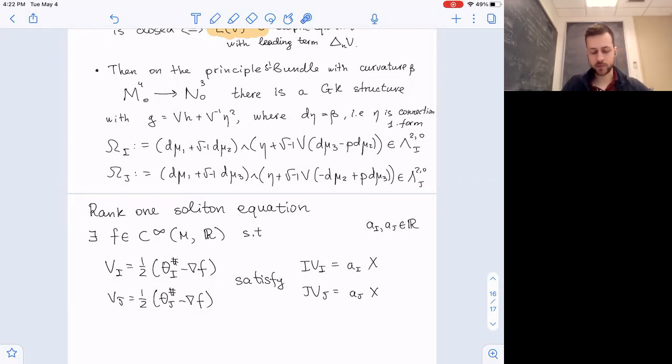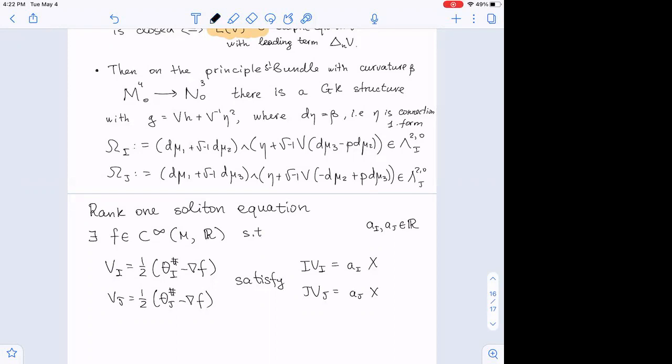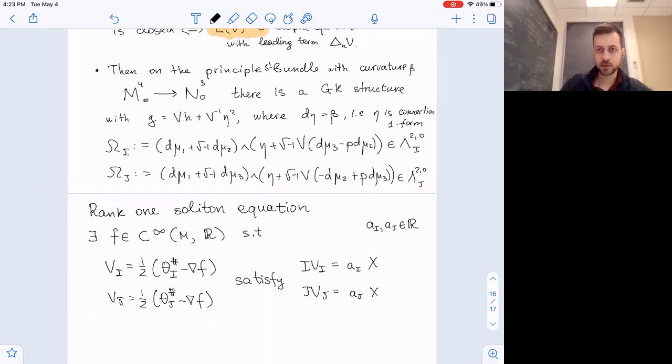Or, if you want to discuss from the other end, we know a priori that I V_I and J V_J are both Killing. And the rank one assumption is essentially the assumption that they are aligned with each other, so that the isometry group is as small as possible. Or maybe biggest. It can be bigger in principle.